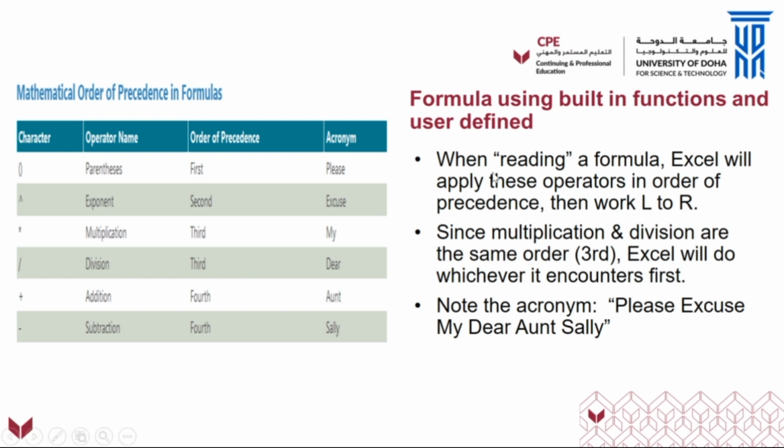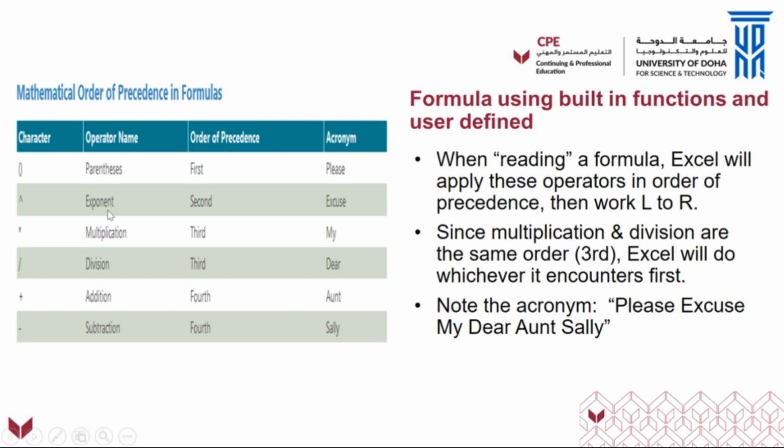When reading a formula, Excel will apply these operators in order of precedence, then work left to right. As you can see over here, the highest importance is given to parentheses. Whenever a formula has a parenthesis, it is evaluated first.